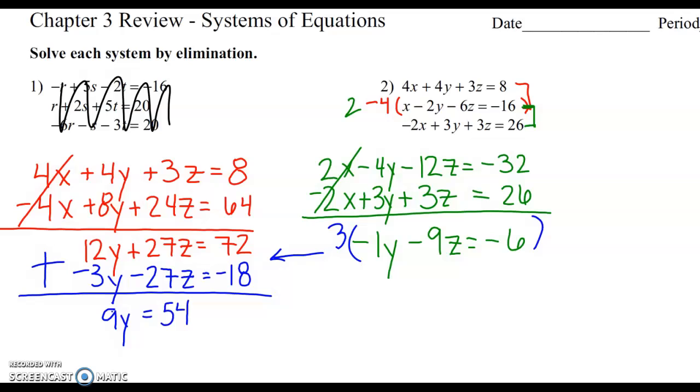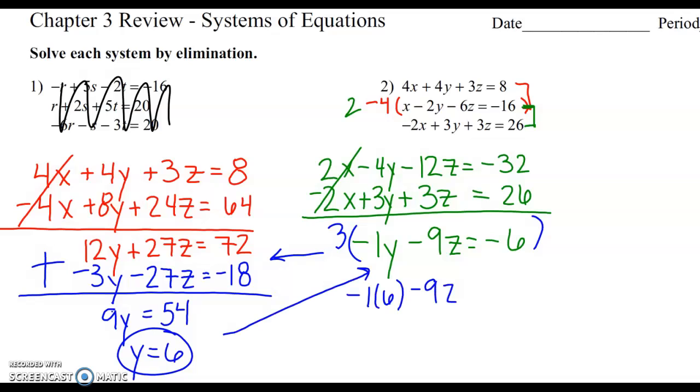And 54 divided by 9 we know is 6. So now that I know y is 6, I'm going to plug it back into the green one. So negative 1 times y is 6, minus 9z equals negative 6. So negative 6 minus 9z equals negative 6. Oh, nice. Add the 6. We get negative 9z equals 0. So z equals 0.